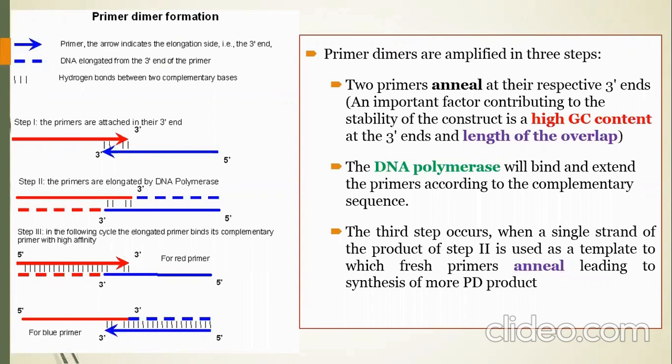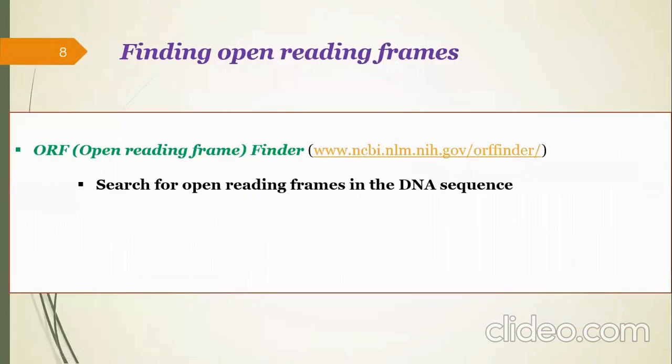So next is how to find open reading frames. If we have a sequence, we want to know whether that sequence is a potential candidate for protein production or not. Will that sequence produce a protein sequence or not?